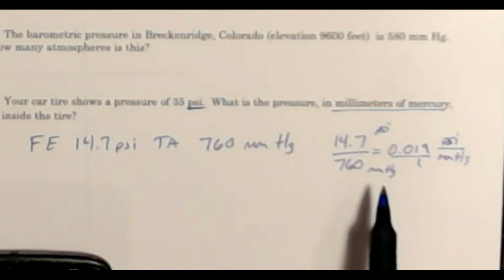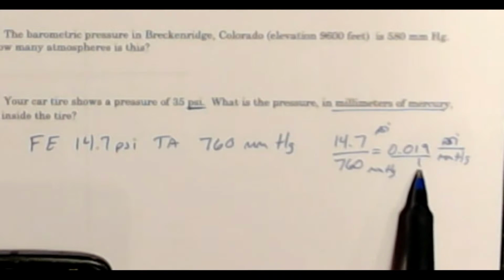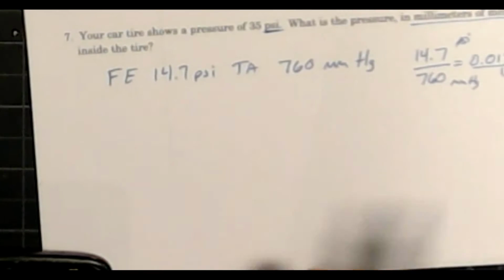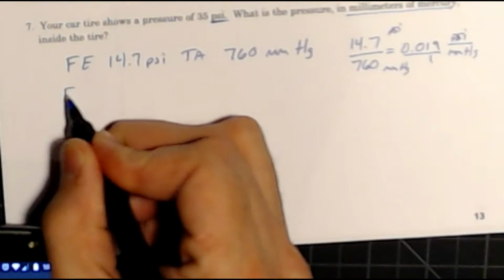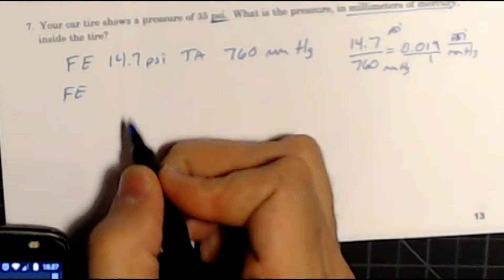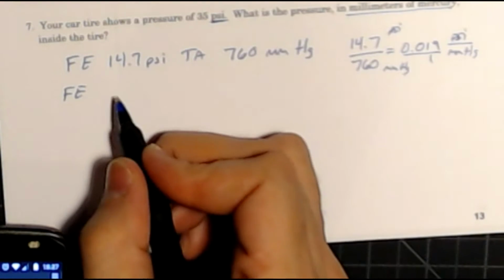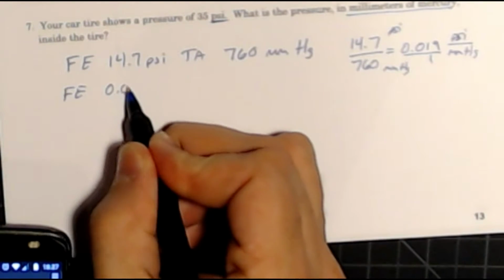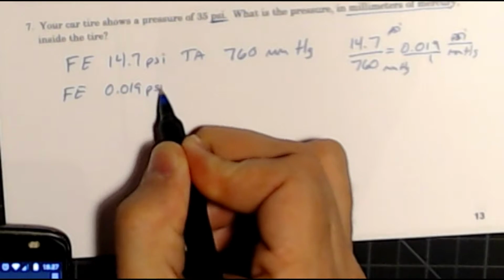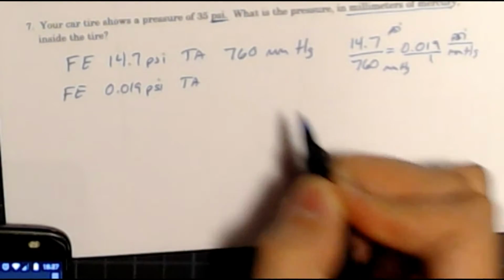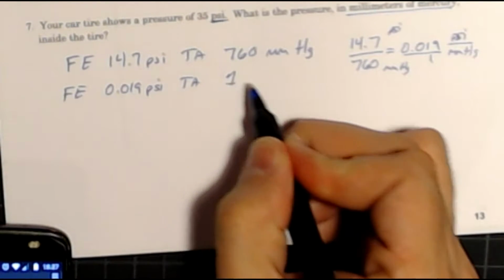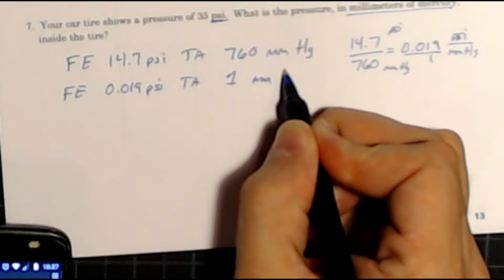Okay, cool. How's that help us? Well, we can write that as a for every statement: for every 0.019 psi, there is 1 millimeter of mercury.